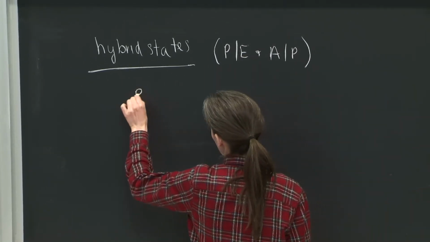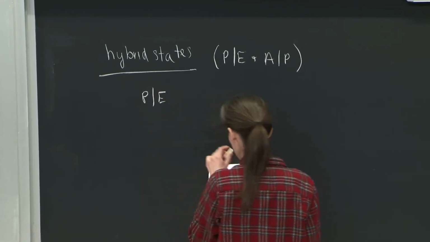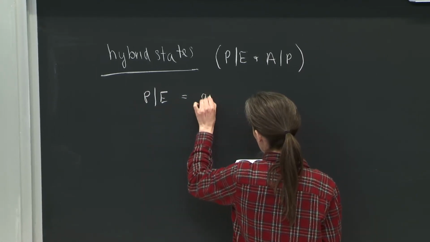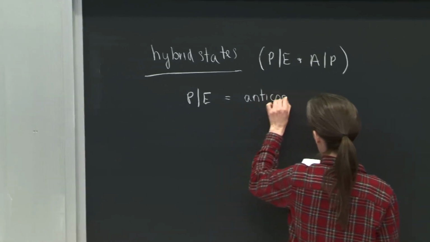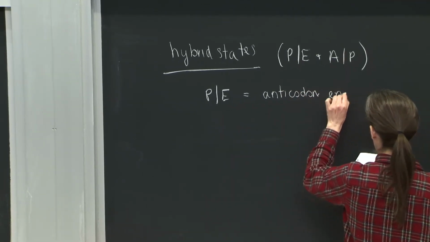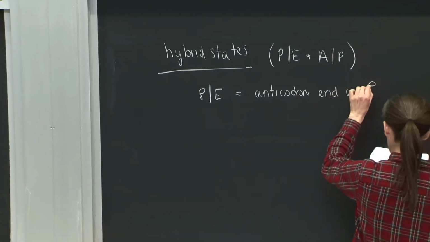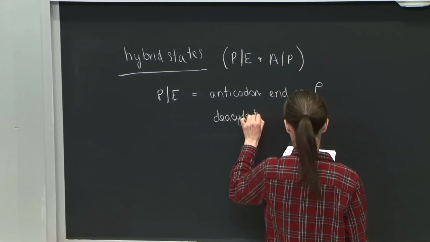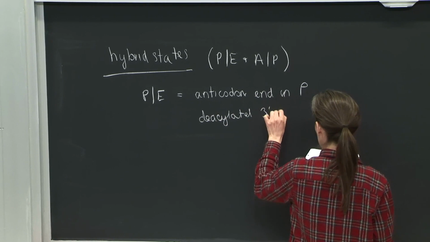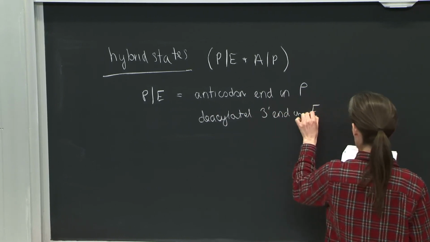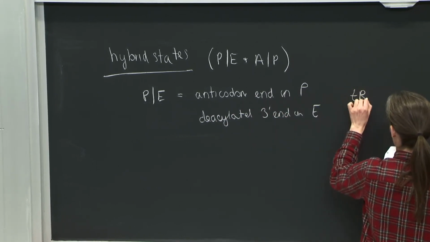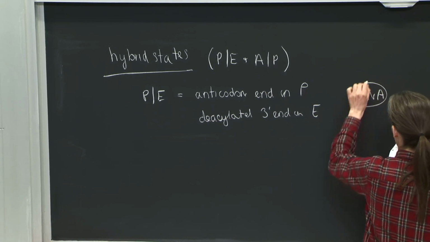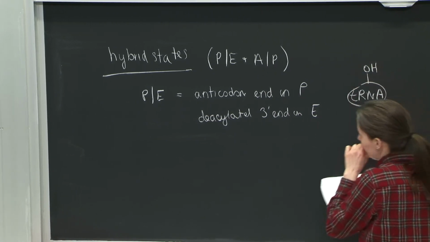And the PE state talks about having the anticodon end in P, and the deacylated 3' end in E.